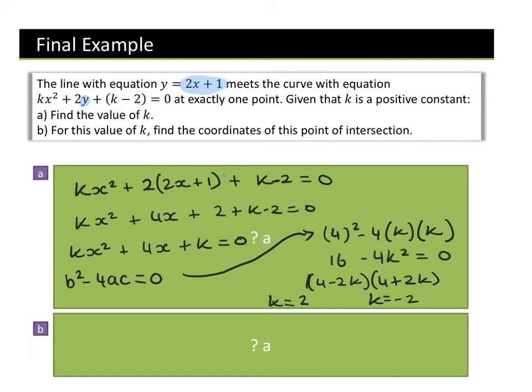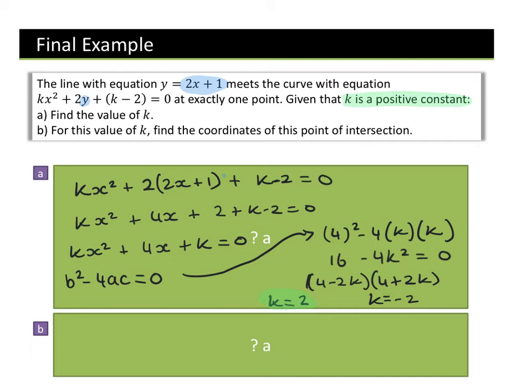For this value of k, find the coordinates of this point of intersection. Okay. Now, we've got two k's, but we need to read the question. It says that k is a positive constant. So the only k we're going to accept is this one.